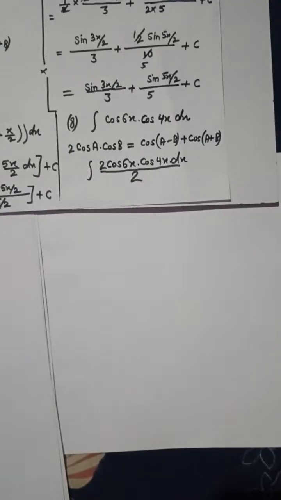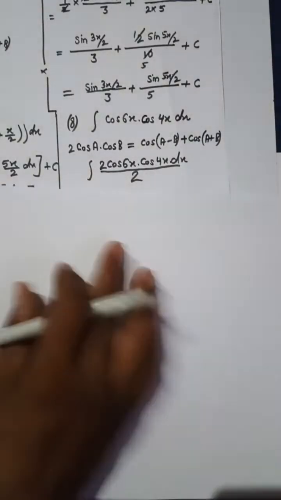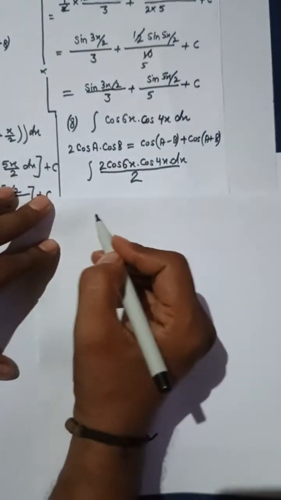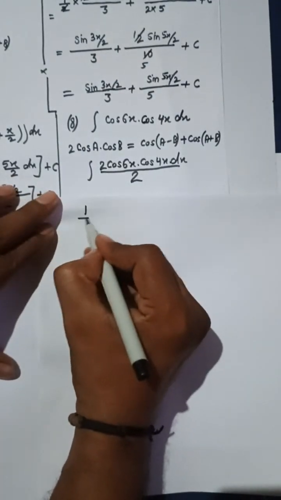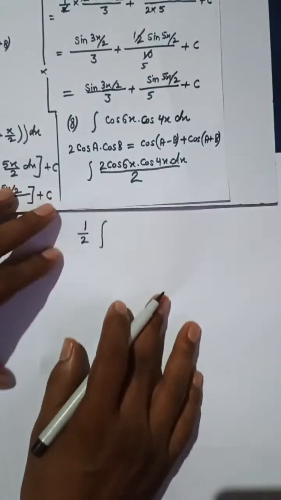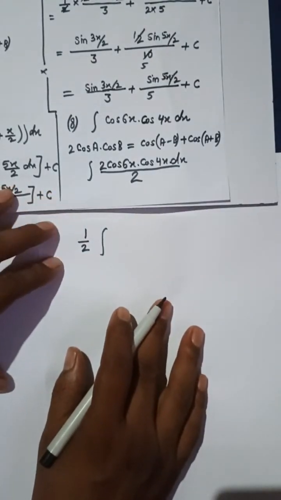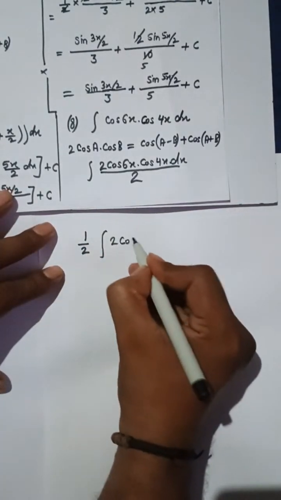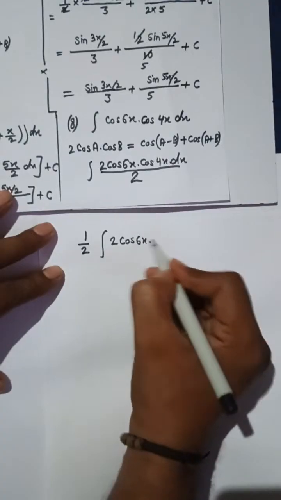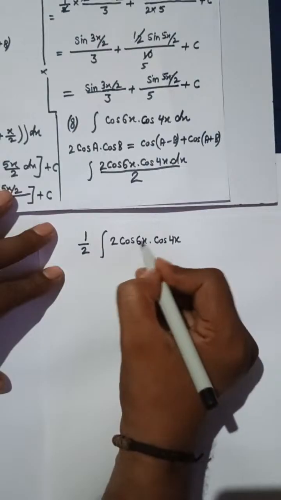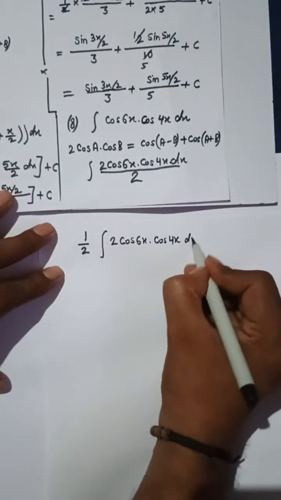Okay, now I can have this one. This is integration. 1 by 2 I am putting outside of this integration. So the integration is of 2 cos 6x. Obviously 6x is more than 4x, so I am putting it before this term, and then dx, so that I can put this formula easily here.